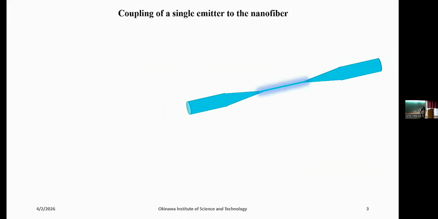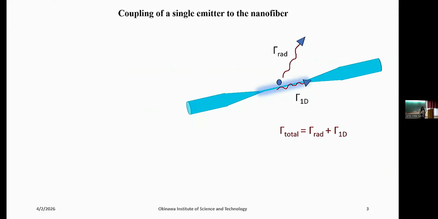If an emitter is placed in the evanescent field of the optical nanofiber, it has two channels to decay into. First is into the guided modes of the fiber with the decay rate gamma 1D, and the second channel is into free space, with the decay rate gamma radiation.